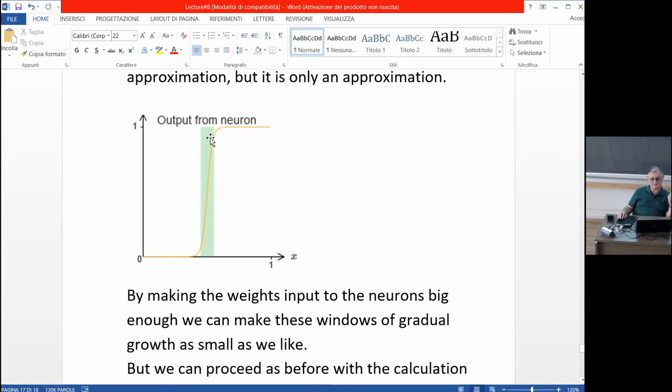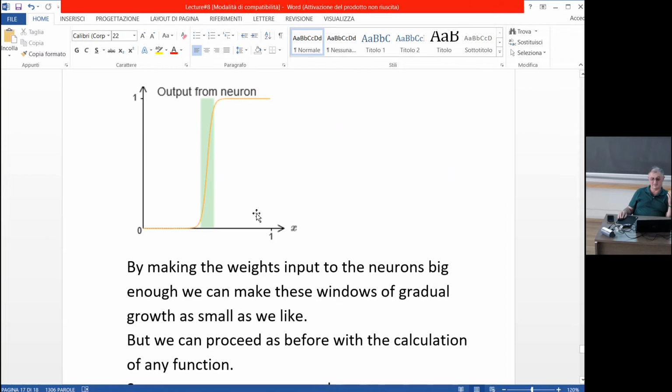So this window of growth can be as small as we want.